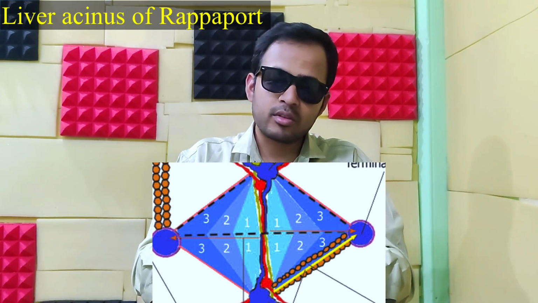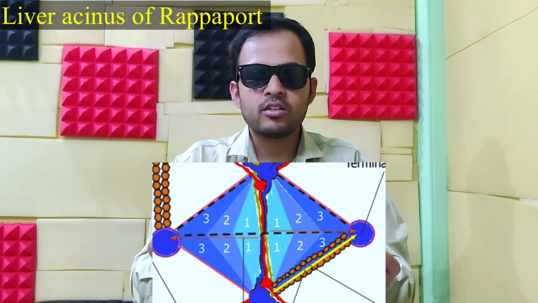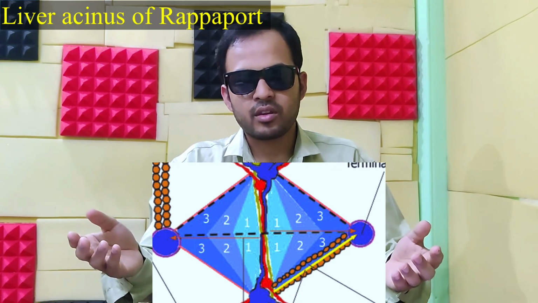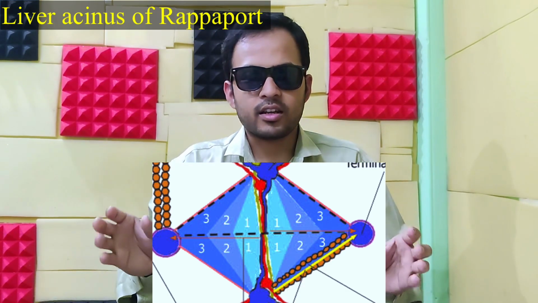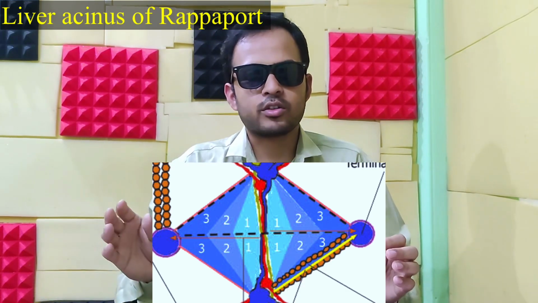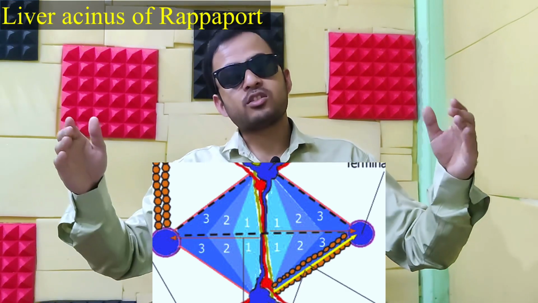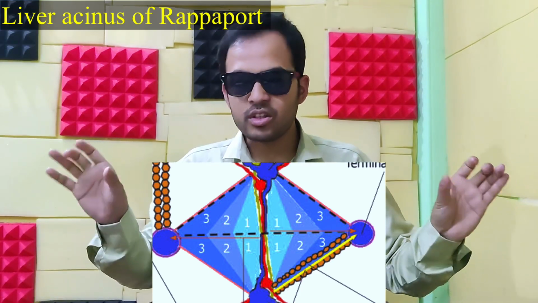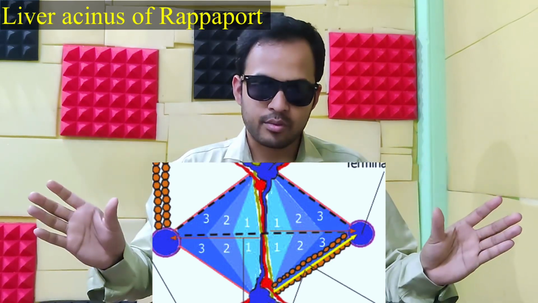Now after this zone, by the diffusion process through the sinusoids, this oxygen and nutrition will go to zone 2, which will be lower, okay. So zone 2 is getting a moderately low amount of oxygen and nutrition. And then it will go to zone 3. So the hepatocytes of zone 3 are getting the least amount of oxygen and nutrition.